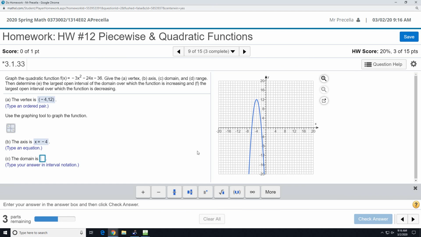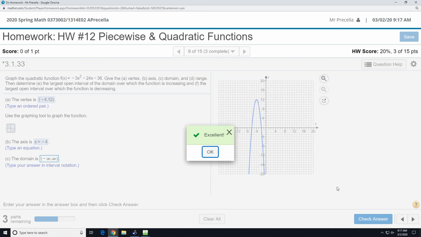This is one of those times, okay. Oh, do you want to type it in? Oh, -infinity, infinity, close parentheses. It would be nice if they had a little button down there you just click. Okay.